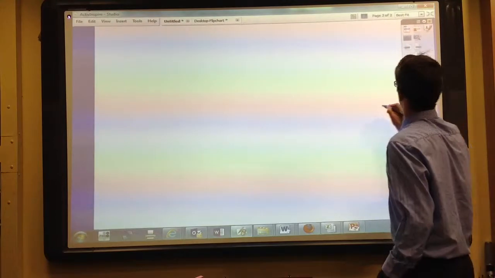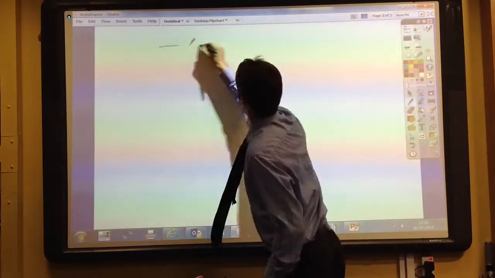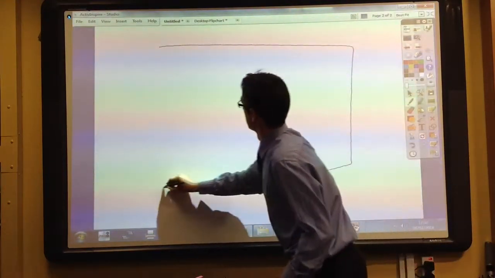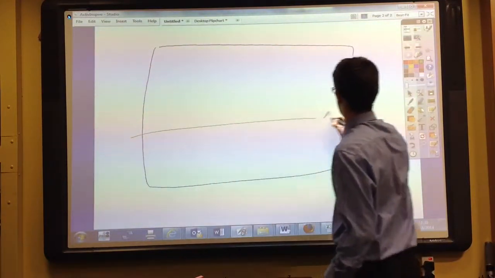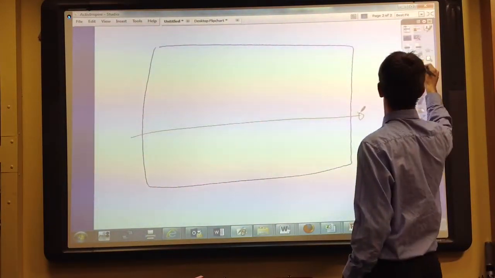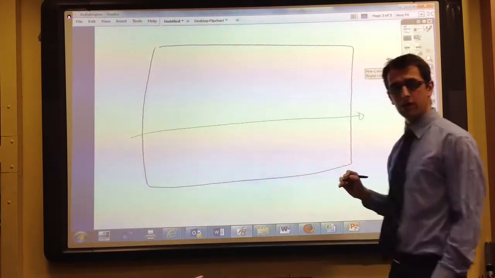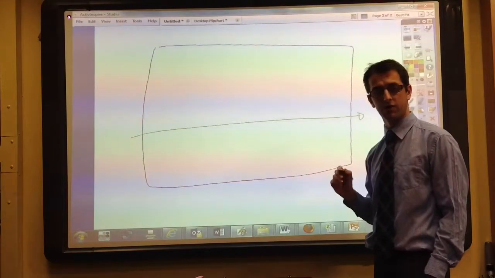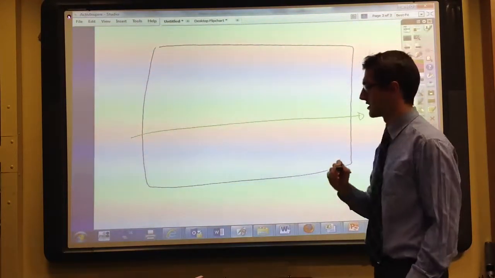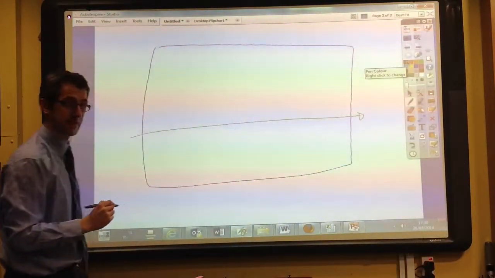If I just quickly redraw. So here's your transect going through, and this time we actually put our quadrat down at regular intervals. Rather than random, they're regularly spaced. So this is a systematic approach.